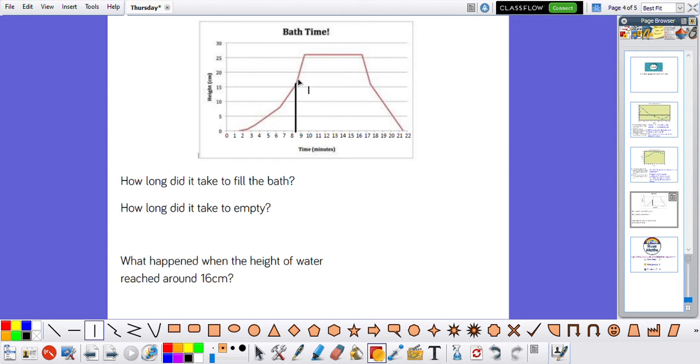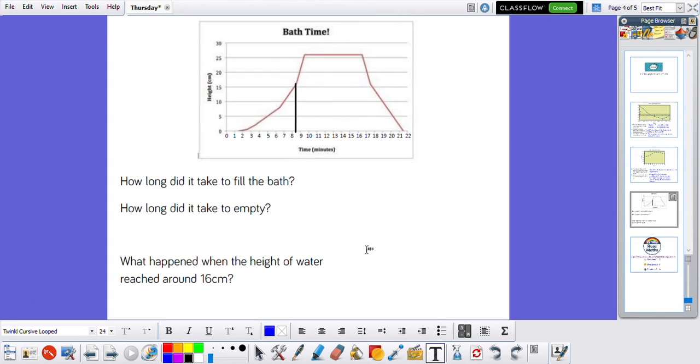Because something else seems to happen here, and we're going to think about that in a minute. So I think it takes 8 minutes. Okay, and how long did it take to empty? Well, I think it's going from 18 to 22. So I've got 18, 19, 20, 21, 22. So 1, 2, 3, 4 minutes this time.